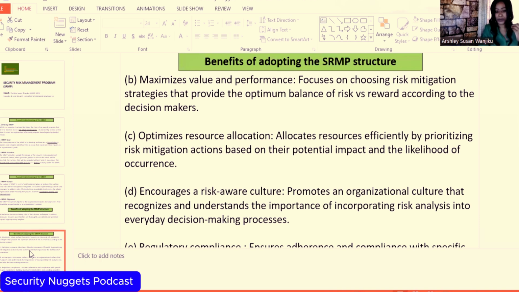Even when you look at the cost implication, you're doing your cost-benefit analysis, you're doing the objective analysis, and you can make those decisions based on so many factors that you have considered. And that's the beauty of security risk management. You get a lot of value when you're using this structure to manage threats and risk within your business organization.